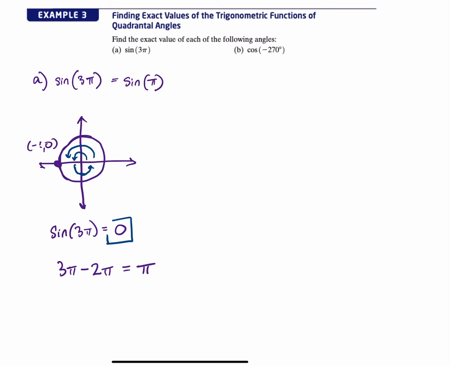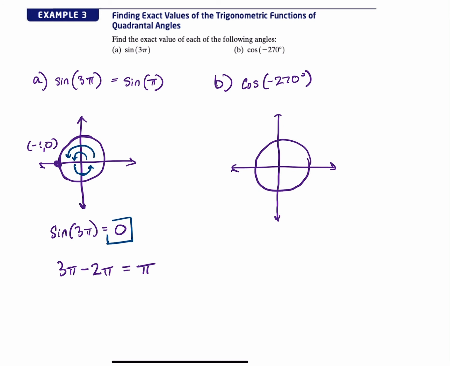So let's look at example B. We have the cosine of negative 270 degrees. Well, what would that be? Well, think of the positive angle, and then you just need to rotate in the other direction. So here's our circle.